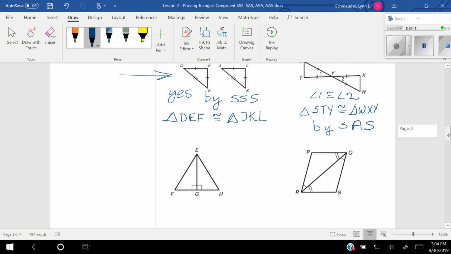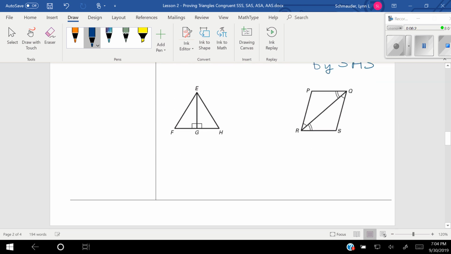Okay, how about these two? Let's see, what have we got here? I've got two right triangles, so that much I know. I know that this side here, EG, by the reflexive property, EG is congruent to itself. So let me write that down. By the reflexive property. But that's really all I know.